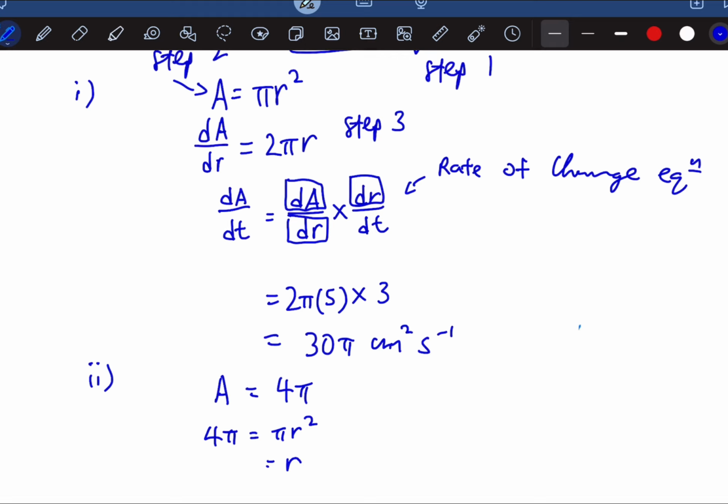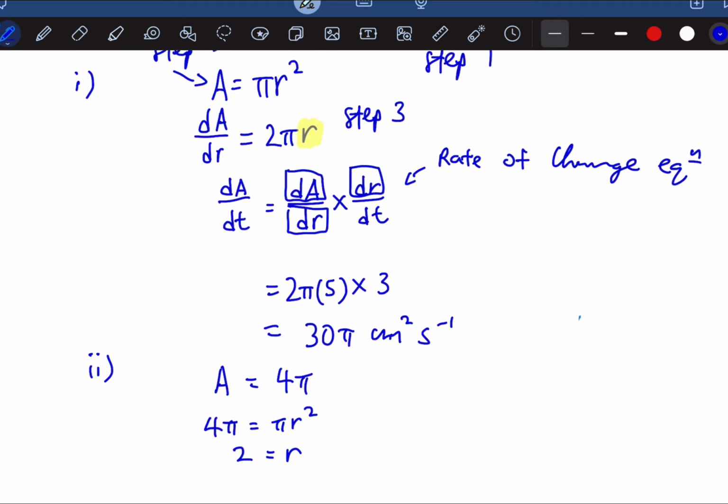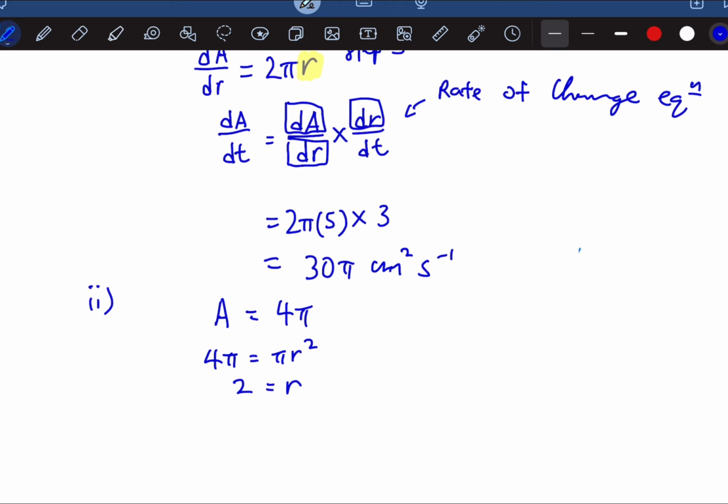So my r equals 2. The reason I'm finding r is because we need the r for this 2 pi r. So with that, we proceed to write down the rate of change equation again: dA over dr times dr over dt, then dA over dt.